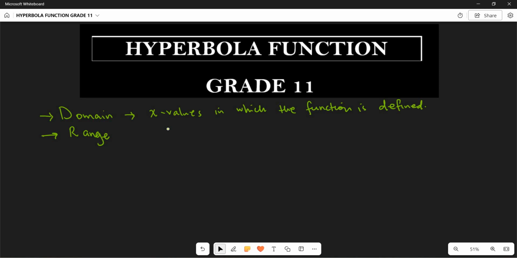In other words, where the graph exists: all sets of real values in which the function is defined.